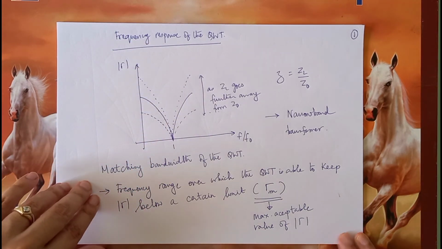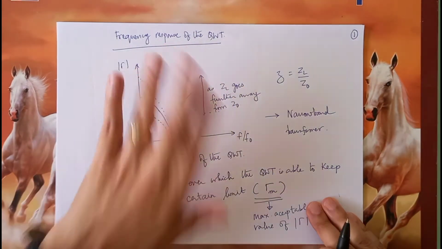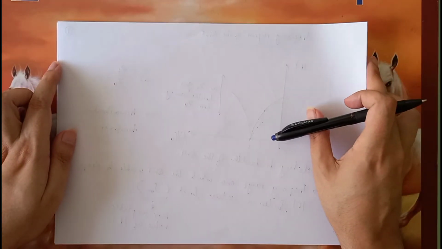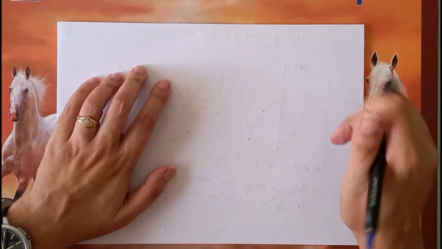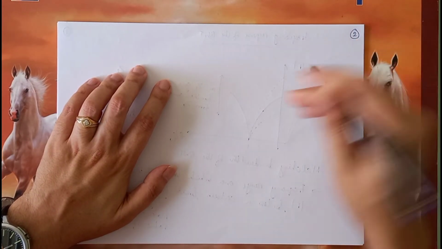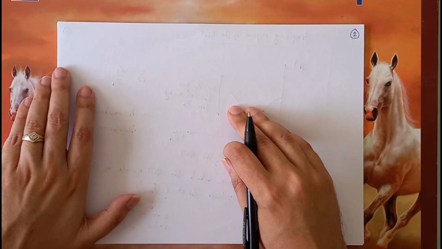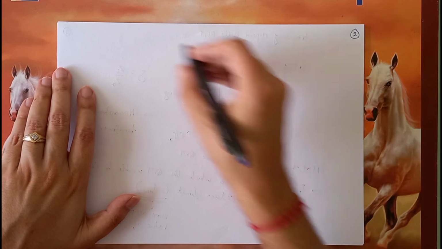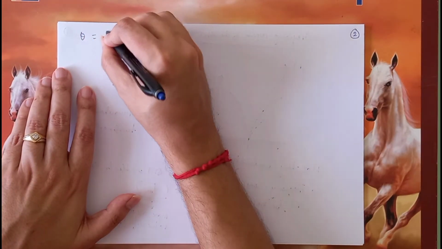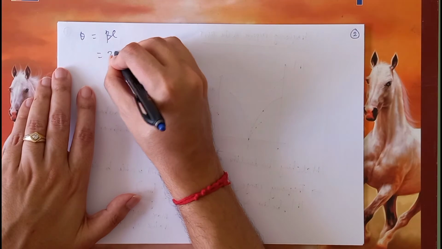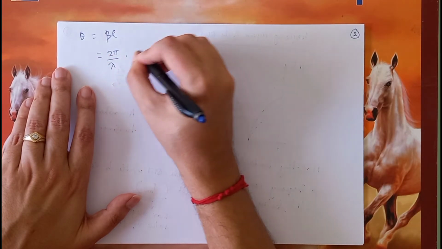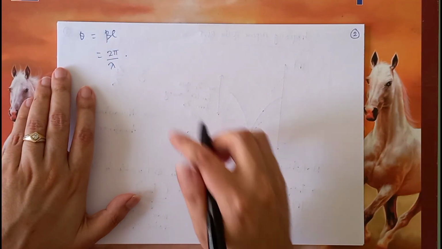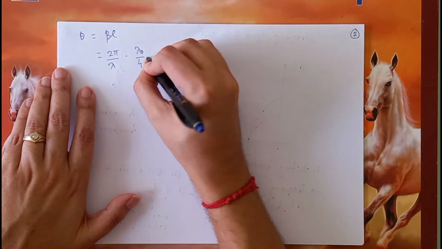So therefore, let us redraw this figure, that is the frequency response of the QWT, and plot it as a function of the electrical length rather than the frequency. There is not much change. As we know, the electrical length theta is beta L, which is 2 pi by lambda times lambda 0 by 4 if it is fixed.